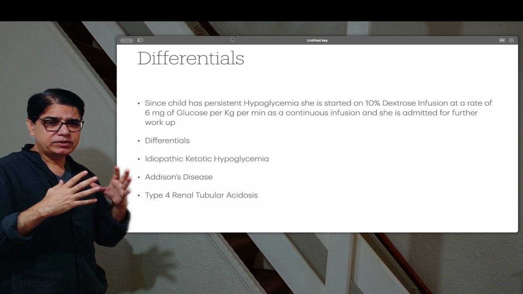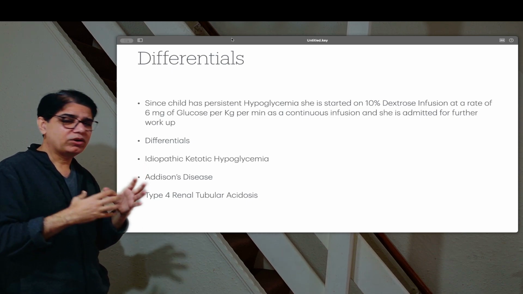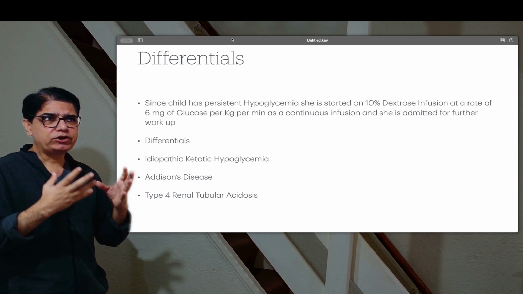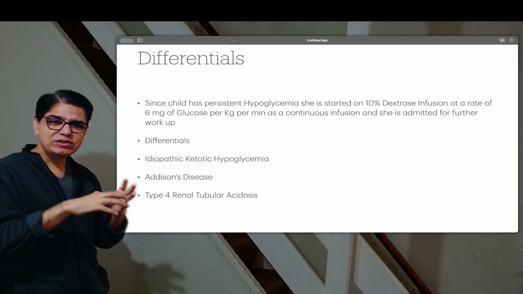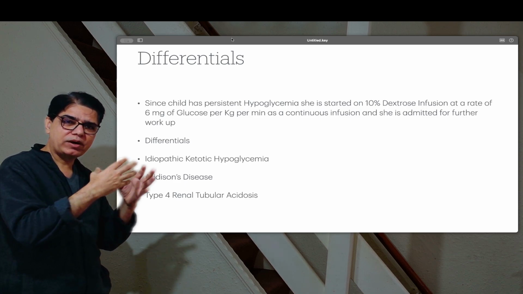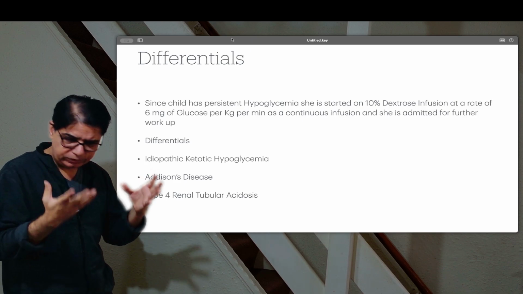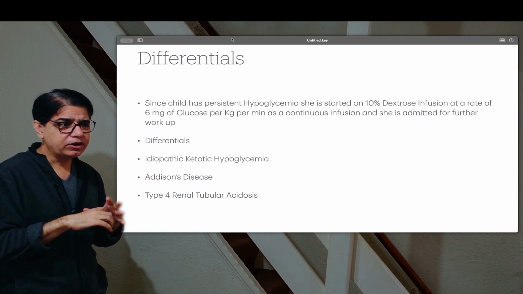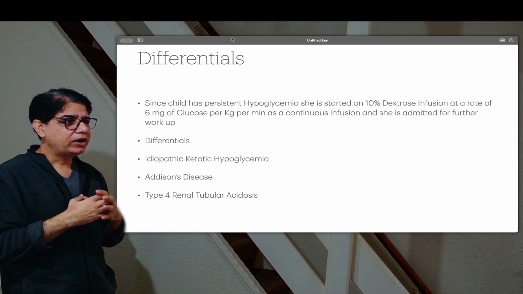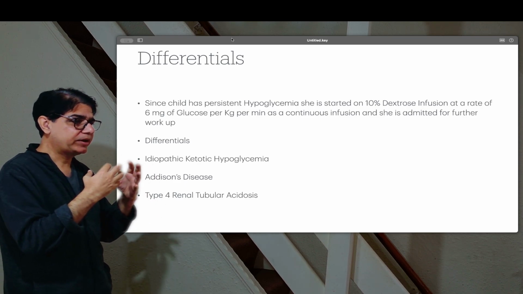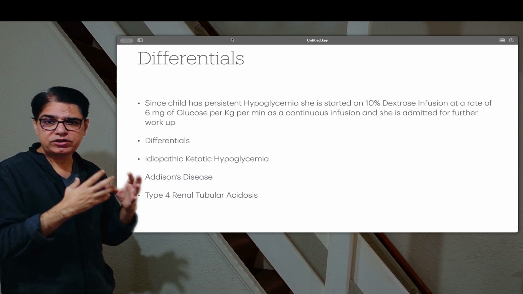So on a 10% dextrose, starting her at 6 milligrams per kg per minute, it was calculated to be 52.2 mils of 10% dextrose per hour. So she was started on this infusion, and it was decided that we would admit her to further work up and find out the reasons for this acidosis, this hyperkalemia, and this persistent hypoglycemia.